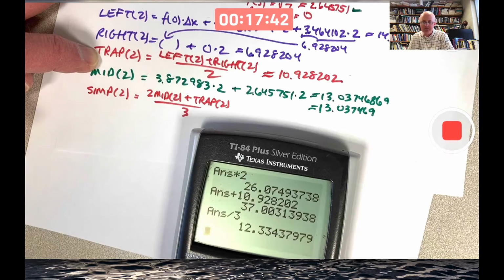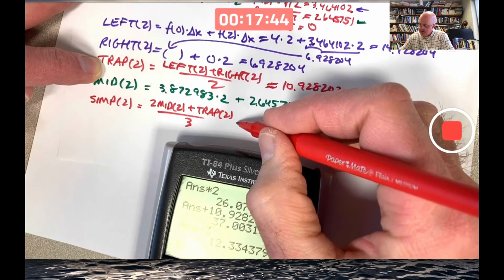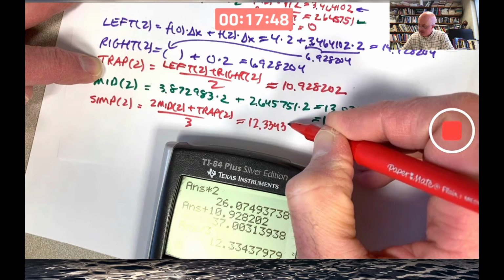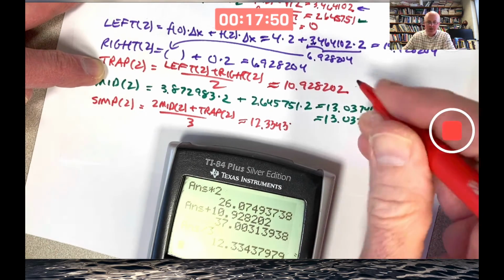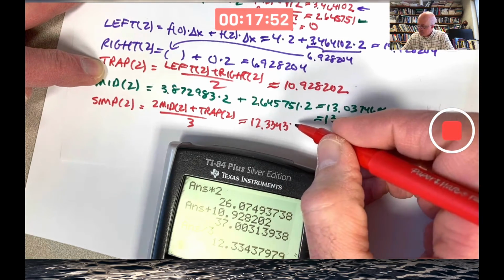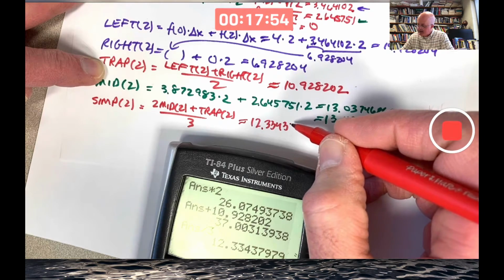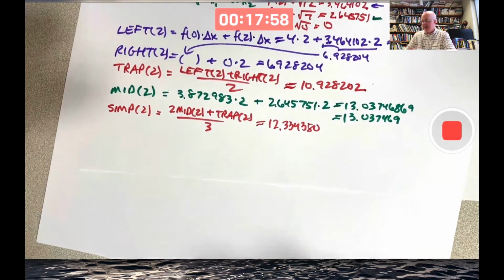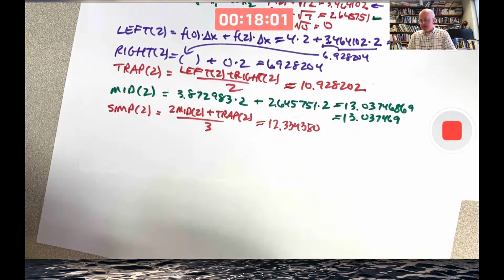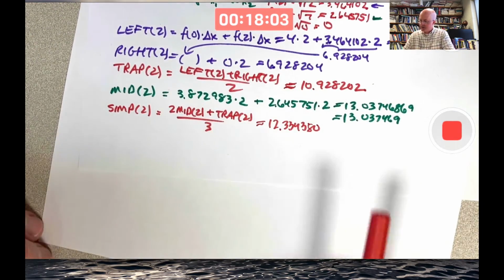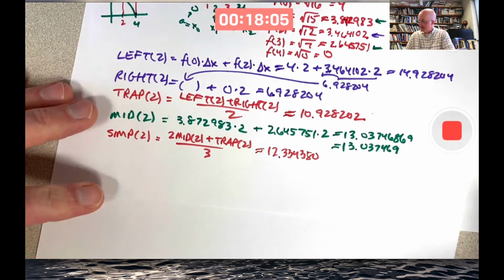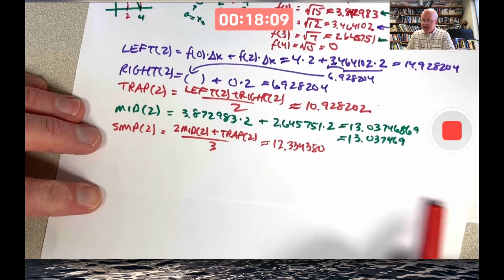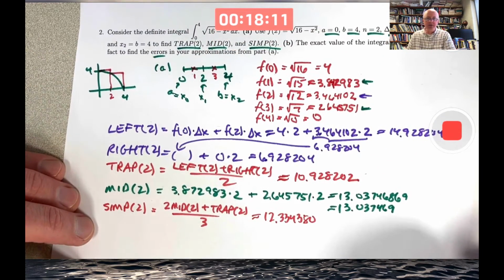Simpson's rule is giving about 12.334379, which will round to 12.334380 when I go to 6 decimal places. I could round further. I'm just wanting to not lose accuracy there. Yeah, I definitely could round further. And in fact, I think for part B, I will round further just to save time.